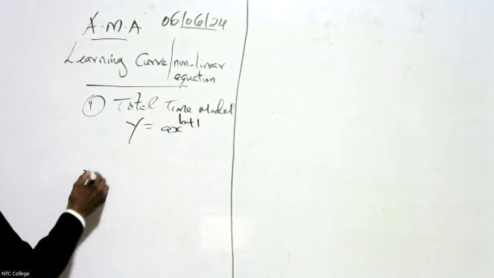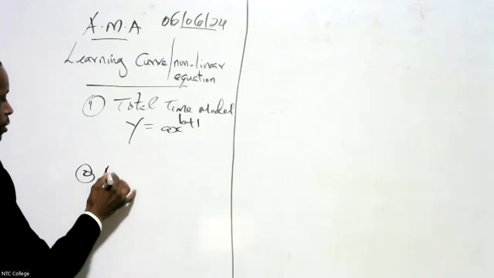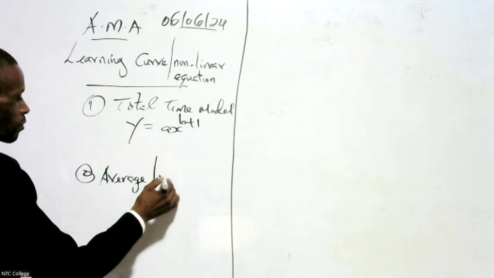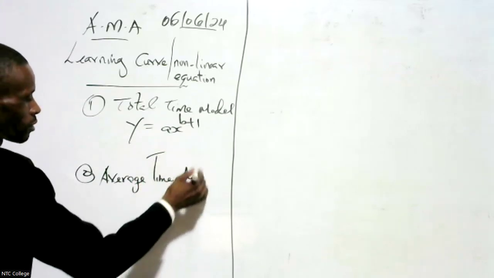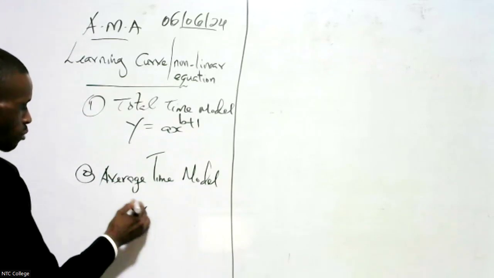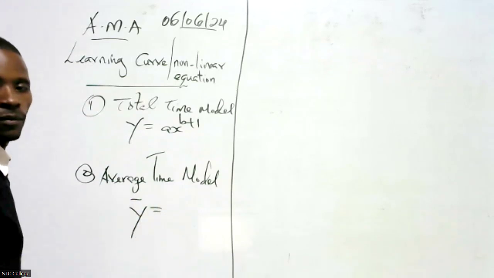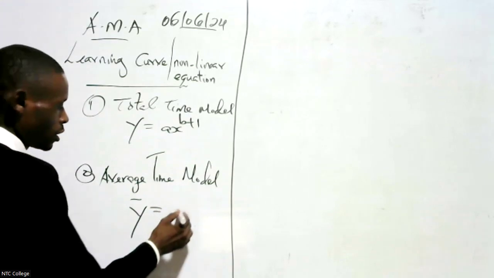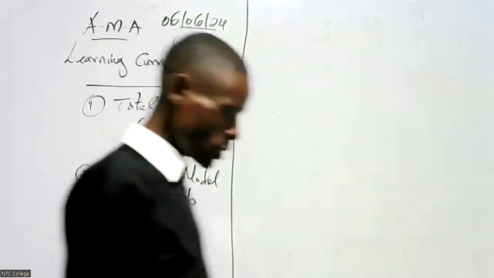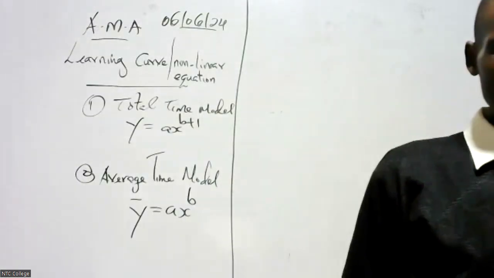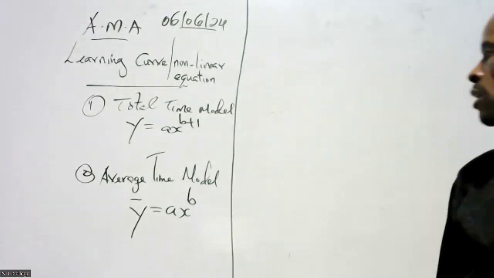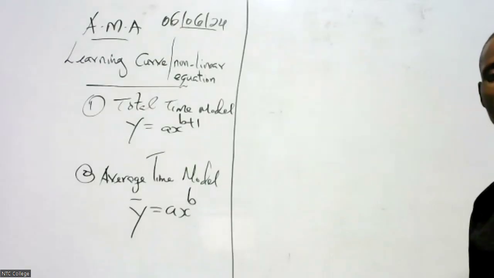Then two is the average time model, which we say y bar, that is average, which equals a x raised to b alone. That is what we mean as the average time model. So we have those two.